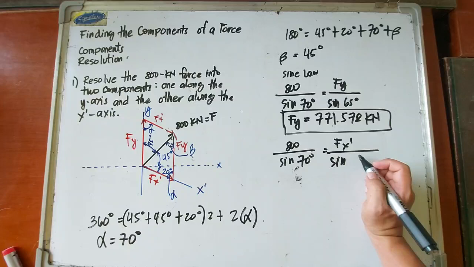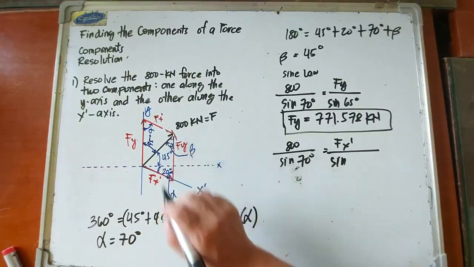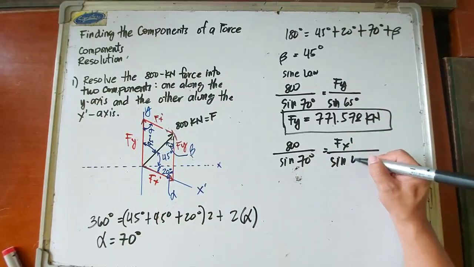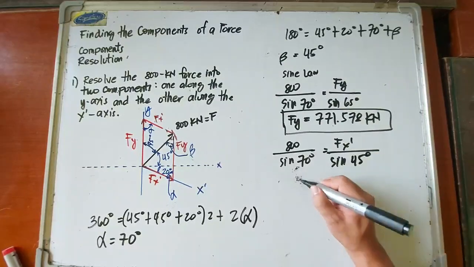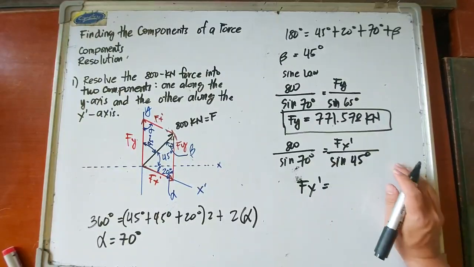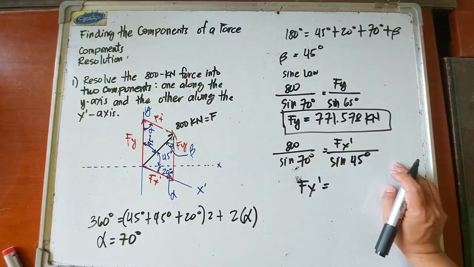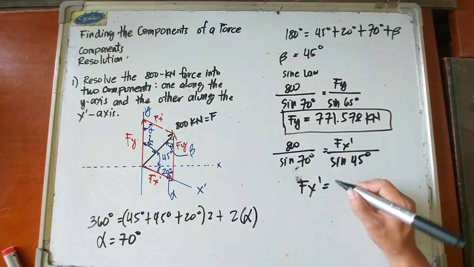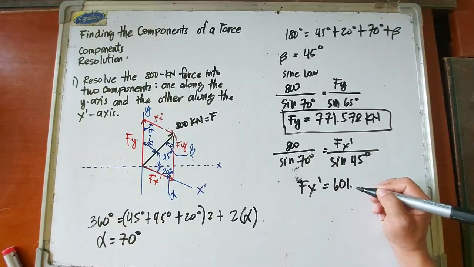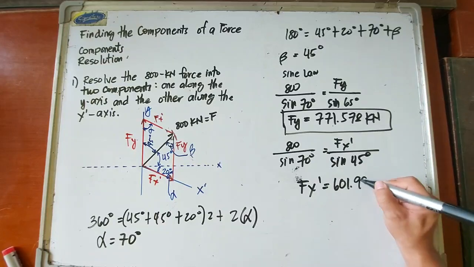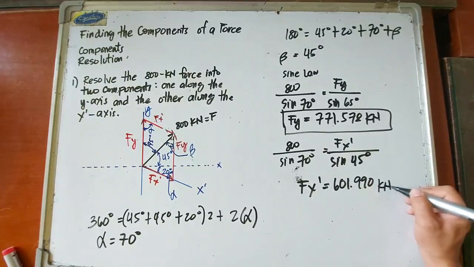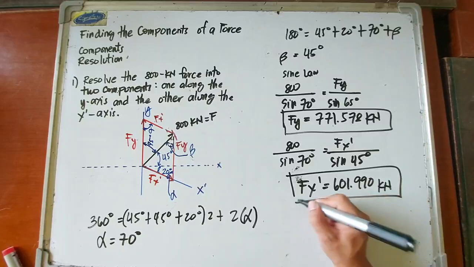Ano yung opposite angle ng Fx prime? That is angle beta, which is 45 degrees. So Fx prime is equal to 601.990 kilonewtons. Okay. So that's it.